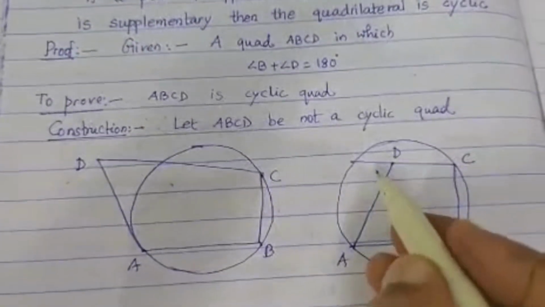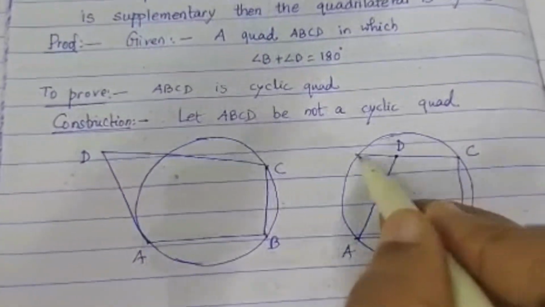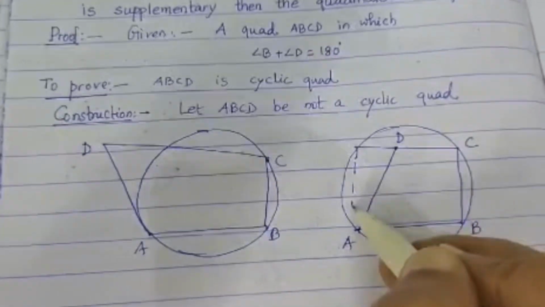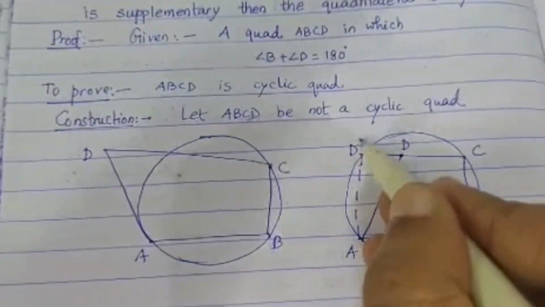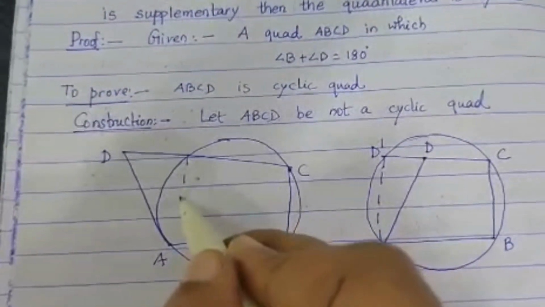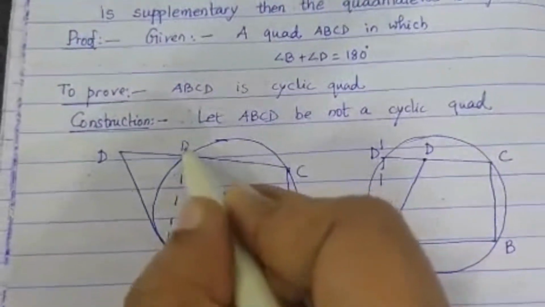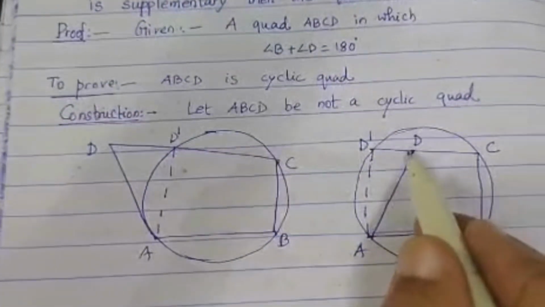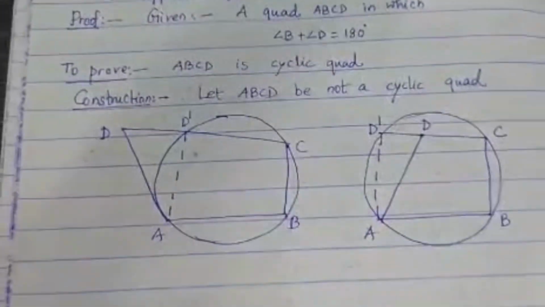Then if this is extended, it becomes a cyclic quadrilateral. Let this point be D dash. So ABCD is not a cyclic quadrilateral, but ABCD dash is a cyclic quadrilateral.